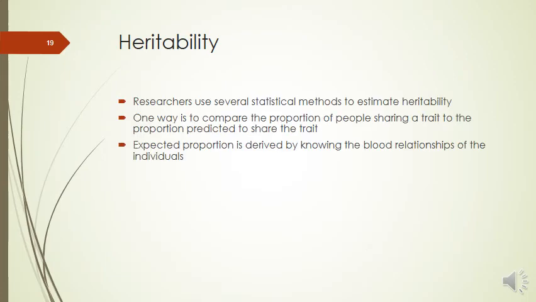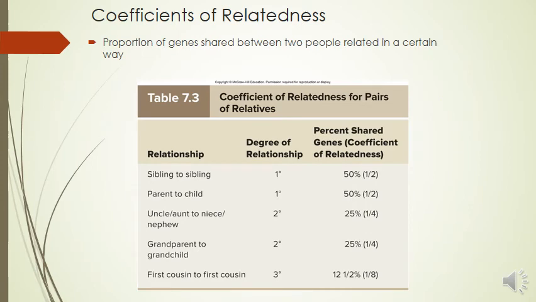Researchers use several statistical methods to estimate heritability. One way is to compare the proportion of people sharing a trait to the proportion predicted to share the trait. The expected proportion is derived by knowing the blood relationships of the individuals. This slide shows the coefficient of relatedness, which is the proportion of genes that two people related in a certain way share.